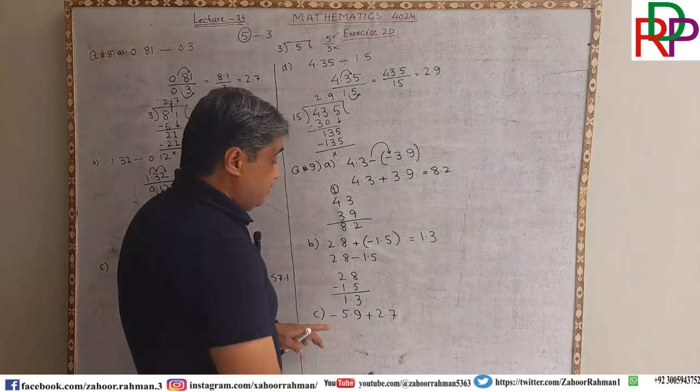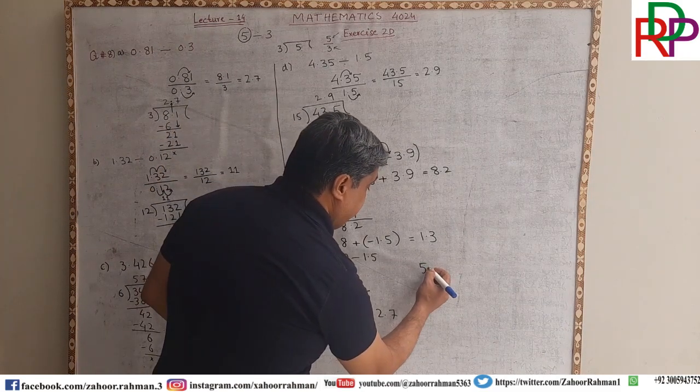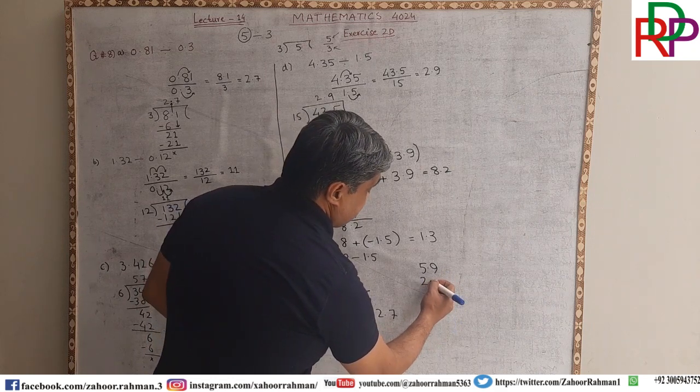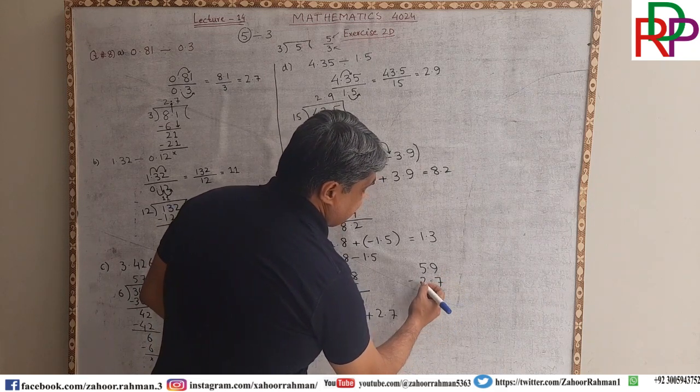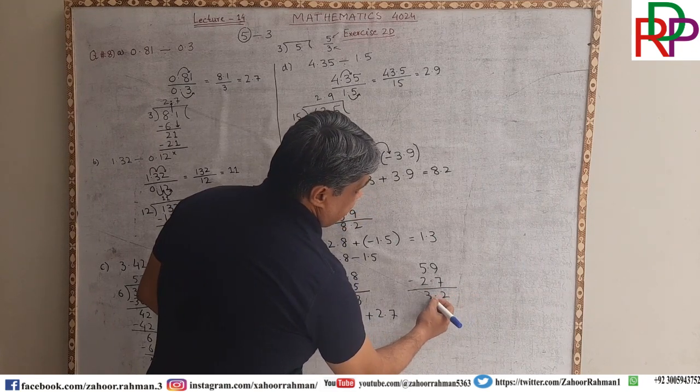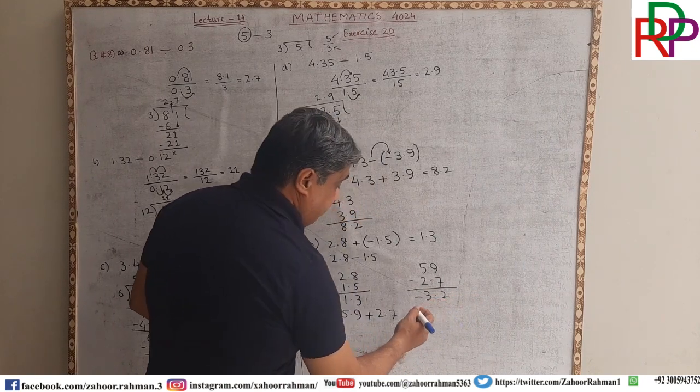So you have to write 5.9 and then subtract 2.7, and that will be 2 and that will be 3, and minus.